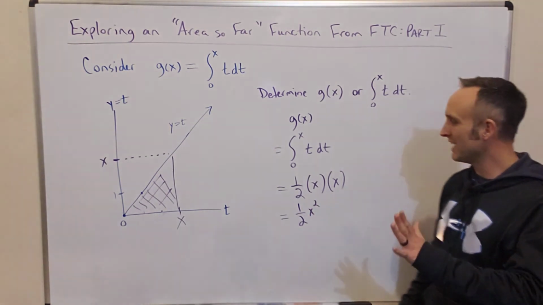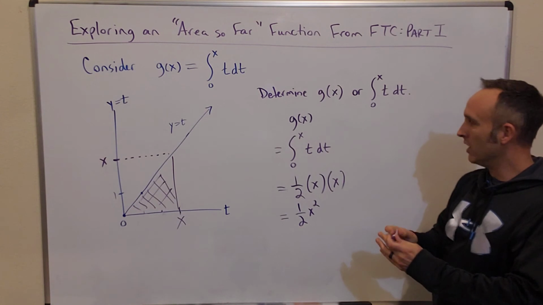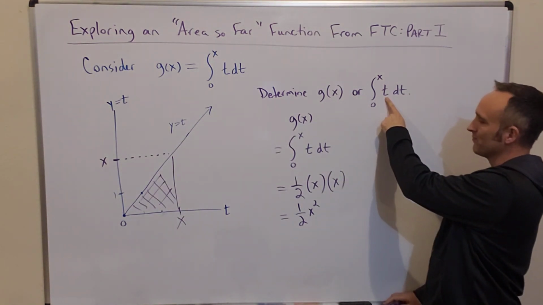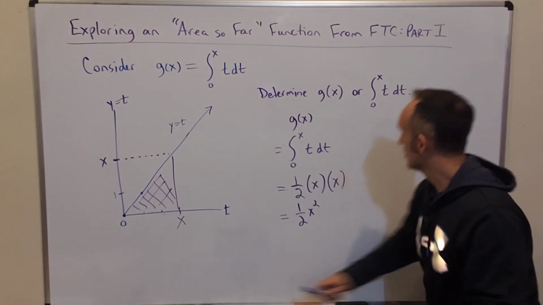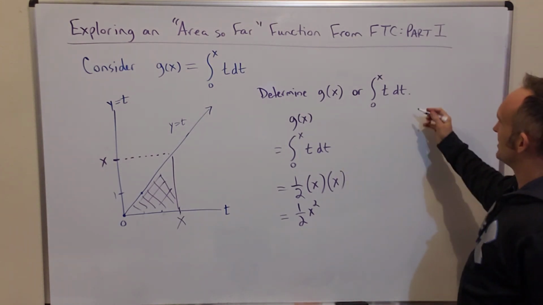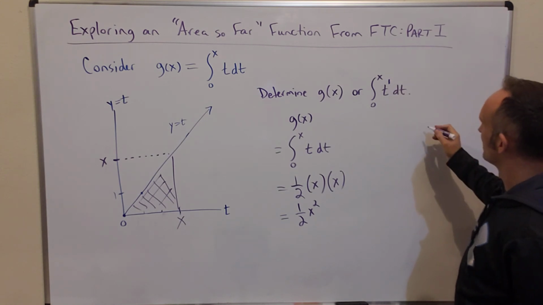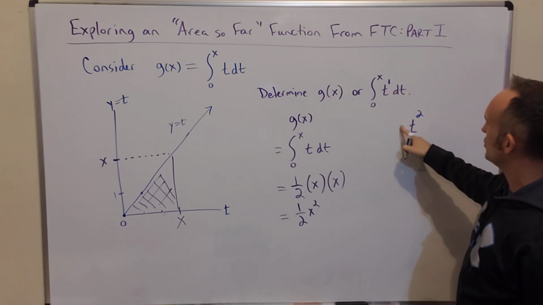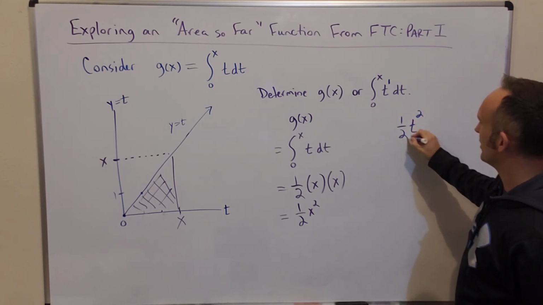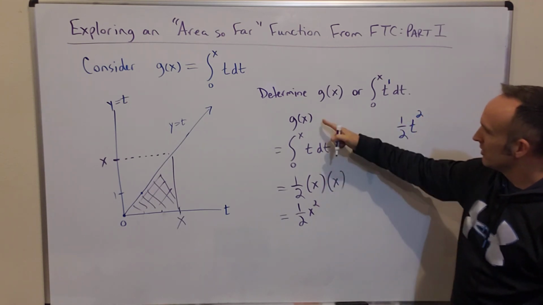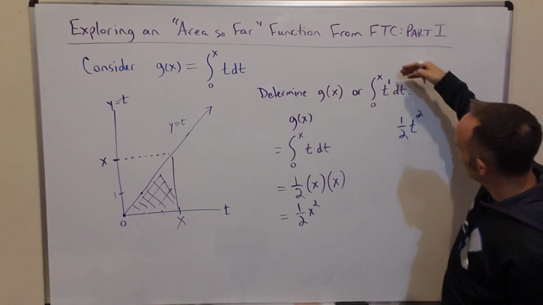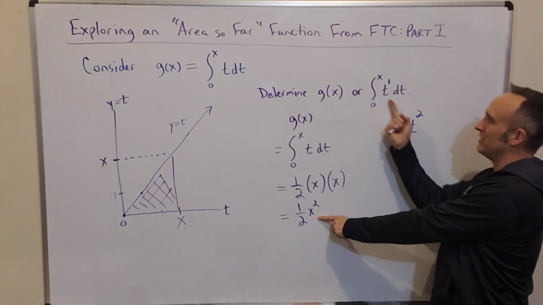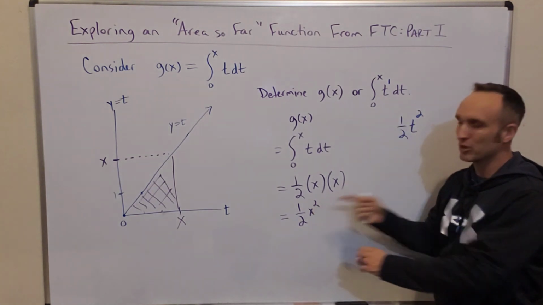Now, my claim, remember, was that the answer here should be an antiderivative of the t function in terms of x. Well, if you look at an antiderivative of the t function, it's t to the first power. When you do an antiderivative, you raise your power by 1, and then you multiply the coefficient by the reciprocal of that new power. So look, the integral here resulted in 1/2 x squared, which is this antiderivative of the original function in terms of x.